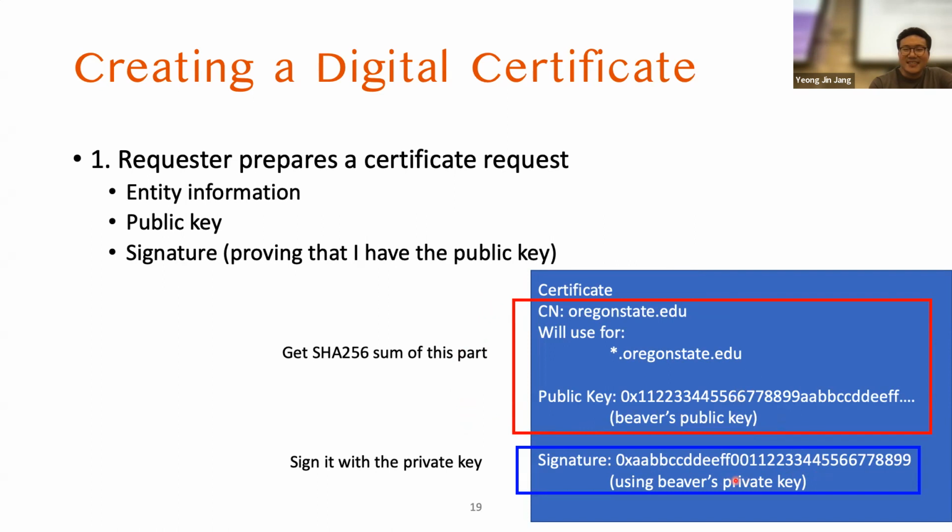This signature will match only for the exact same data of this part. That means even if a middleman, a mailman, changes the public key, it will not be accepted, because the private key is there and the signature should be there. The requesting entity must prove that they are the holder of the public key and private key.